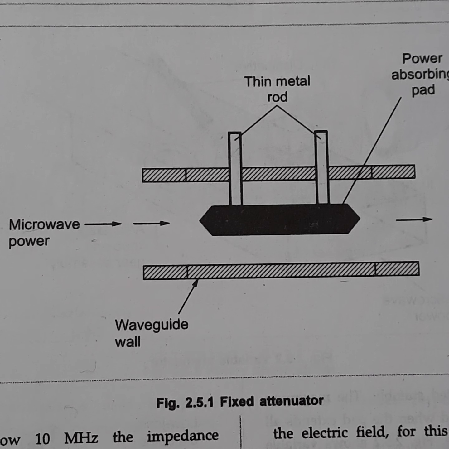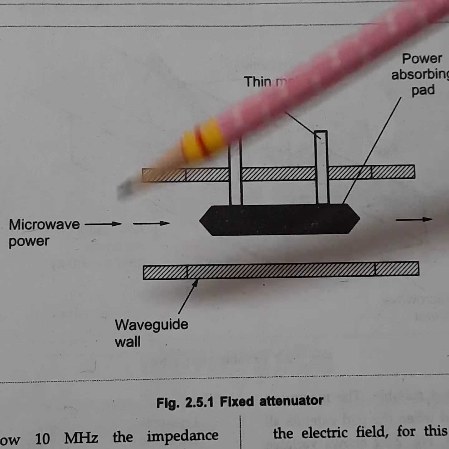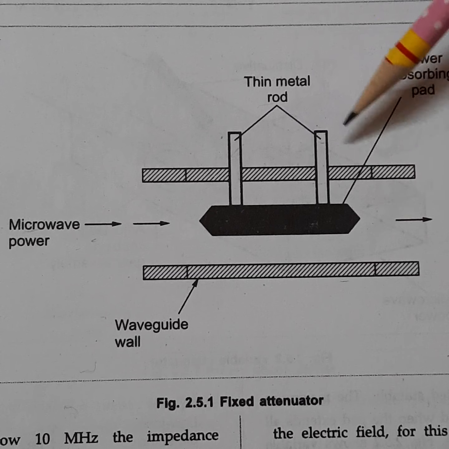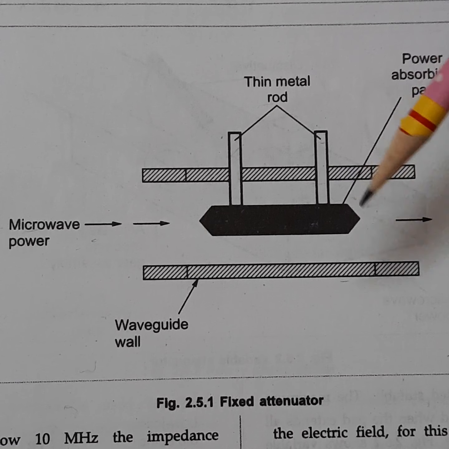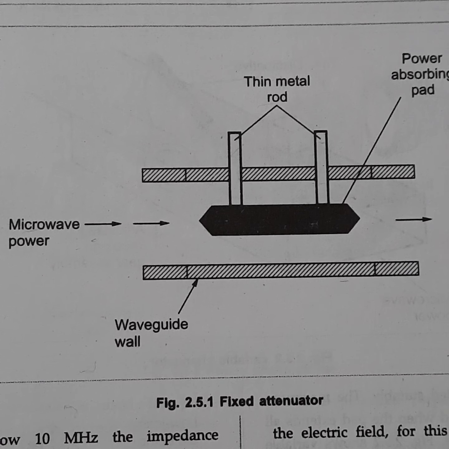Next is the location of the pad within the waveguide. Next is the area of the pad, how much area there is for that pad, and the frequency of operation. Next comes the pad material used for power absorption.